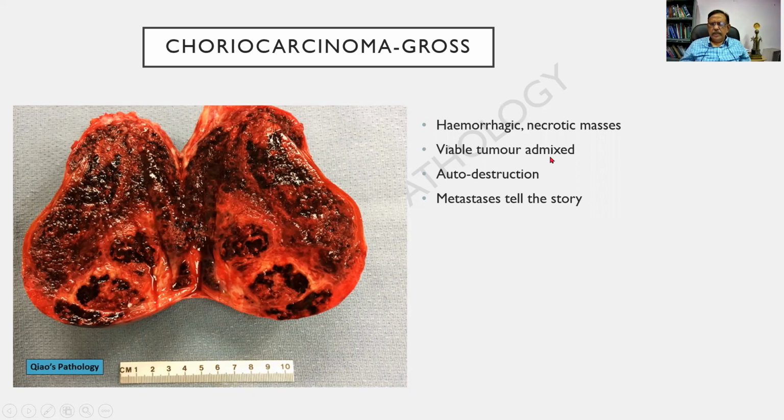Sometimes viable tissue can be admixed, but otherwise it is generally hemorrhagic and necrotic. They say that it undergoes autodestruction. Since the necrosis is so vast, it can destroy the tumor itself. And in some patients, we will be able to see some metastasis, but the primary tumor will not be there. The metastasis tells us the story.